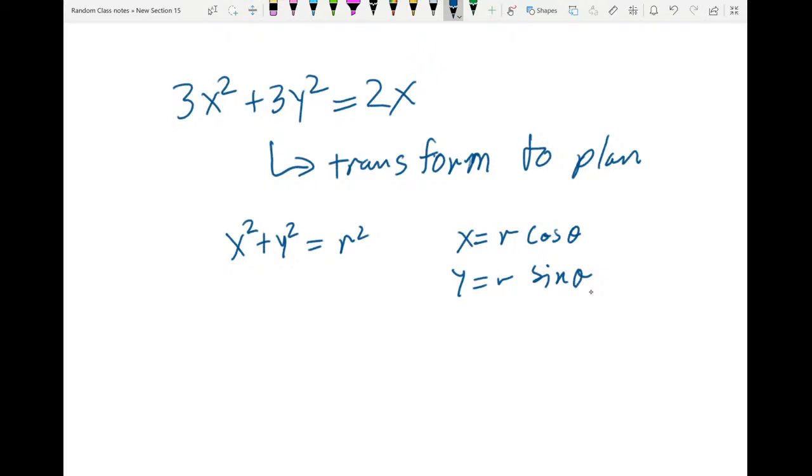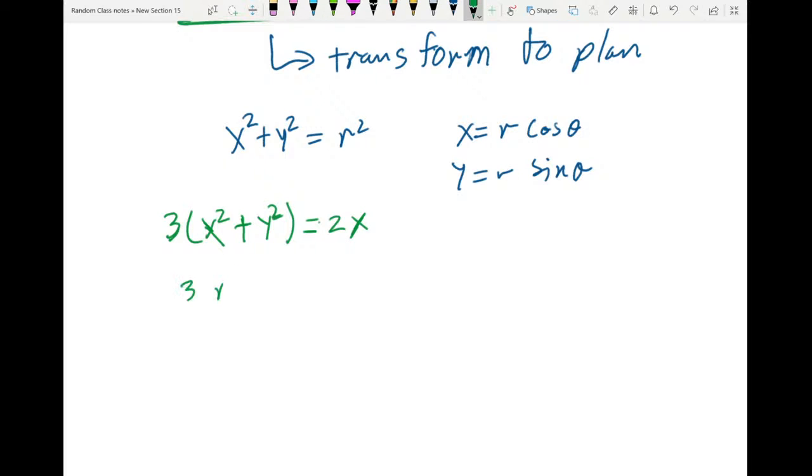And what can we do right over here? 3 x squared plus y squared, plus 2x.